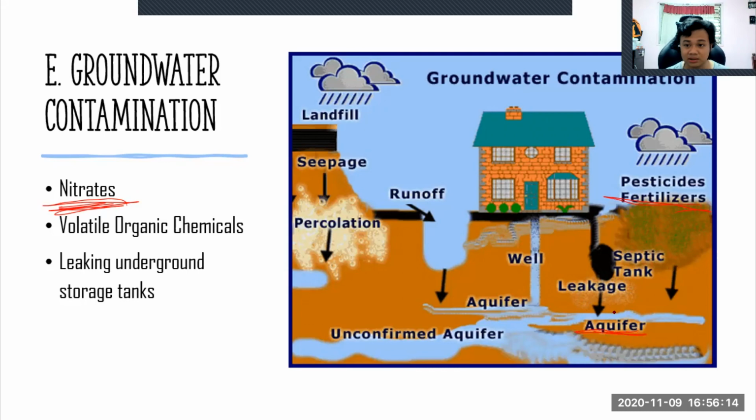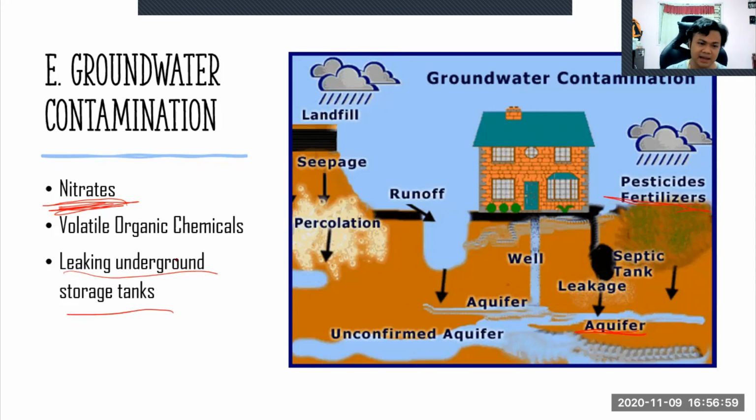Aquifers are large pools of water underground, and then we have our septic tanks and leaking underground storage tanks. If your septic tank is not built away from the water table, it might contaminate your aquifer, which is the source of water in your community, and your house happens to be nearby. Imagine what a headache that would be to the residents.